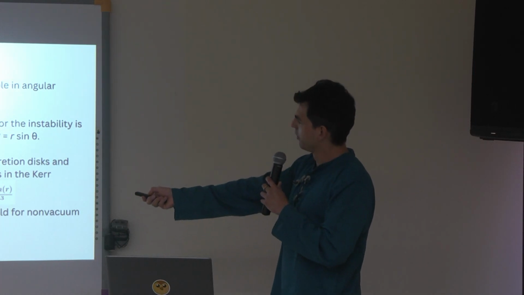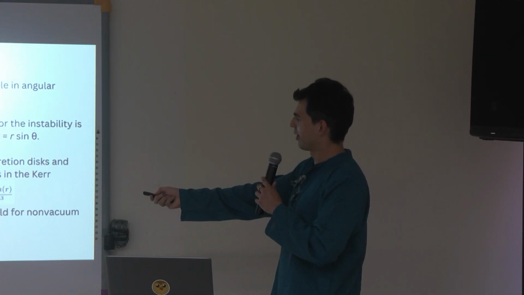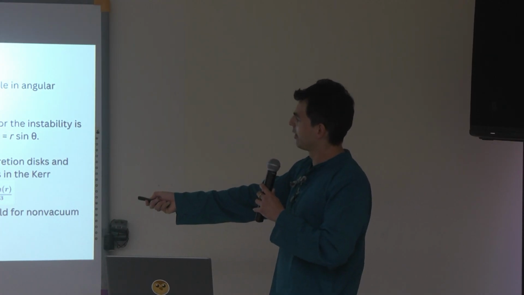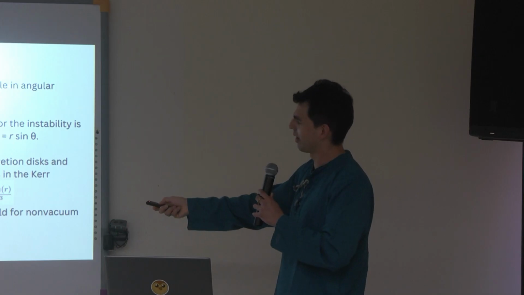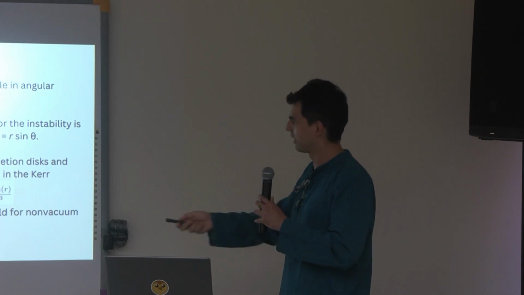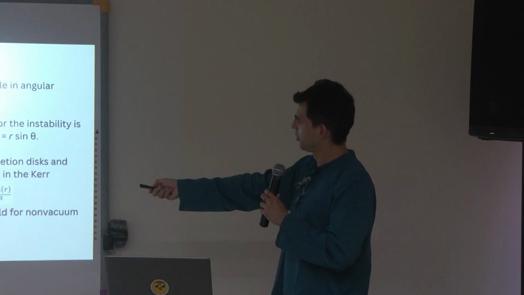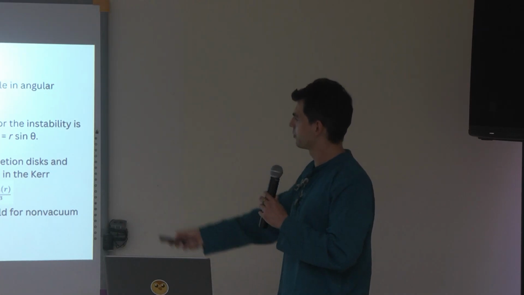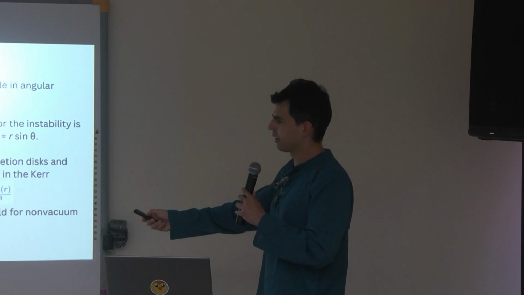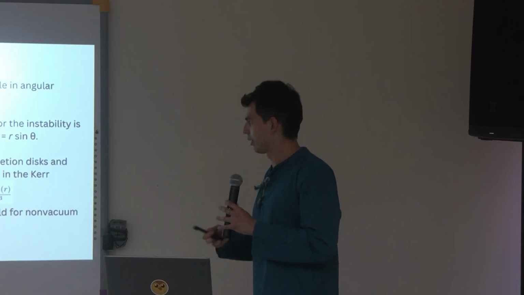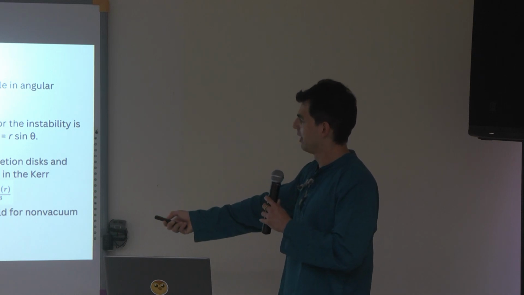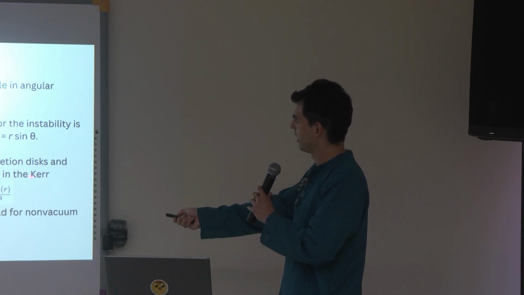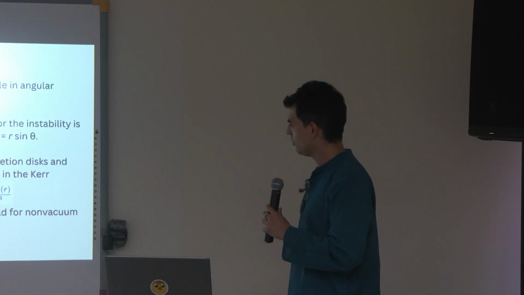We saw on Tuesday that a necessary condition for this instability is that we have a rotation profile, not necessarily geodesics because this is hydrodynamics, but a rotation profile that is decreasing with radius. This is a condition that is generally well fulfilled in astrophysics, because that is precisely the case for Keplerian accretion disks, and this is also the case for equatorial geodesics in the Kerr spacetime.